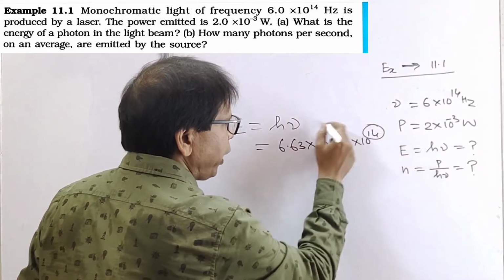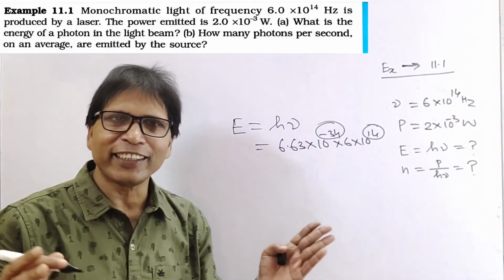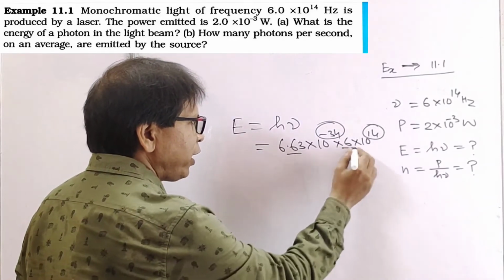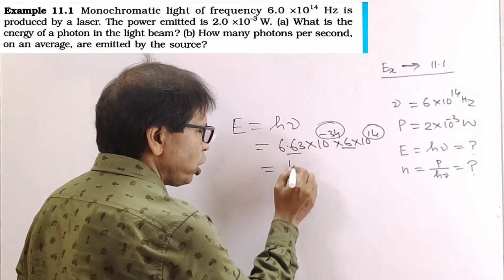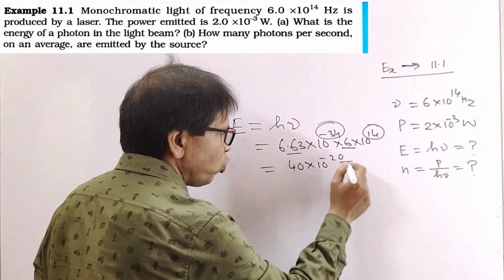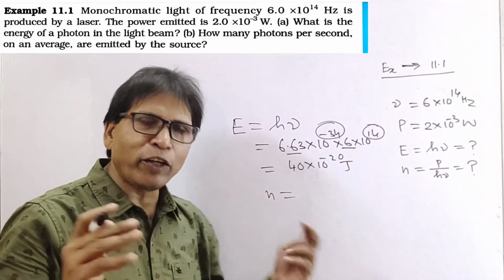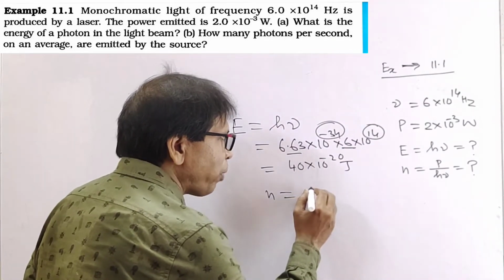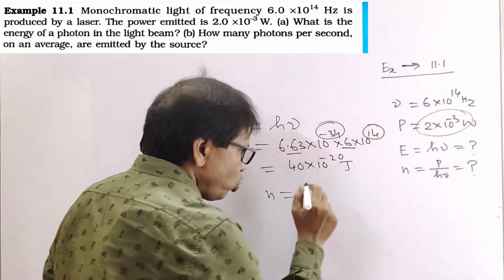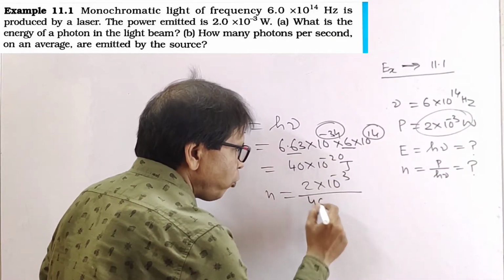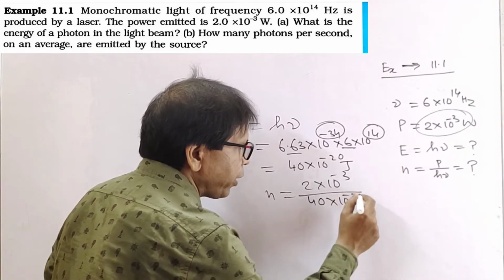Look at this, 14 and minus 34, so this is minus 20, and 6 and 6.63, so this is about 40 into 10 to the power minus 20 joule. Okay, now this is the rate of emission of photons per second. So look at this here, power is 2 into 10 to the power minus 3, and this is 40 into 10 to the power minus 20.